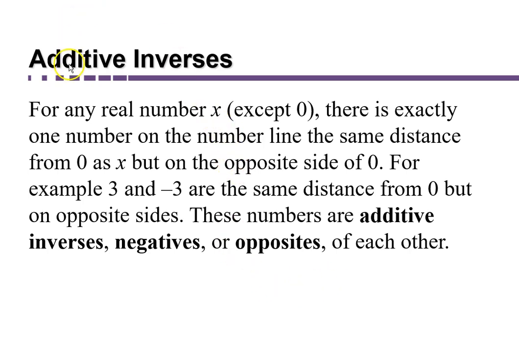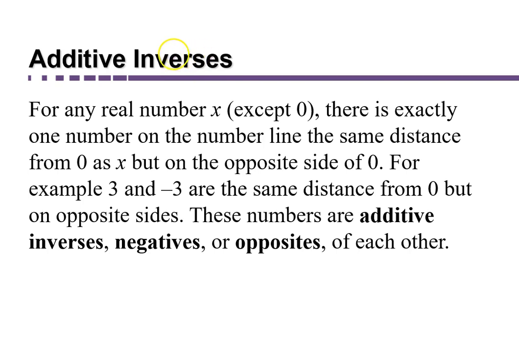All right, going on to another key word for your vocabulary, the additive inverse. We did this a little bit when we defined the set of integers: a number on the right has a number on the other side of 0 as its opposite.